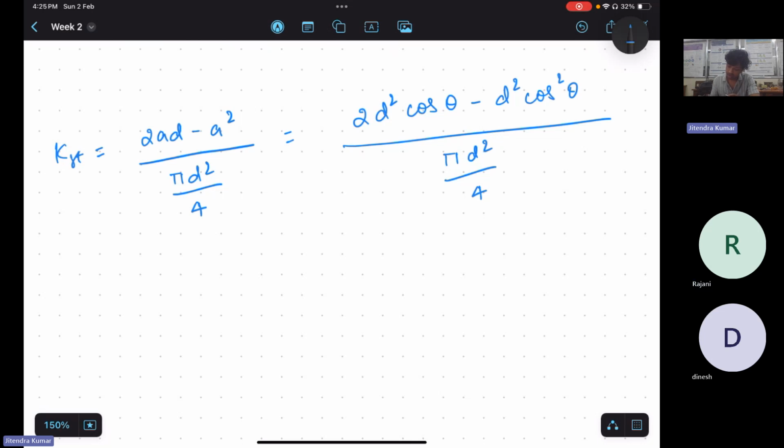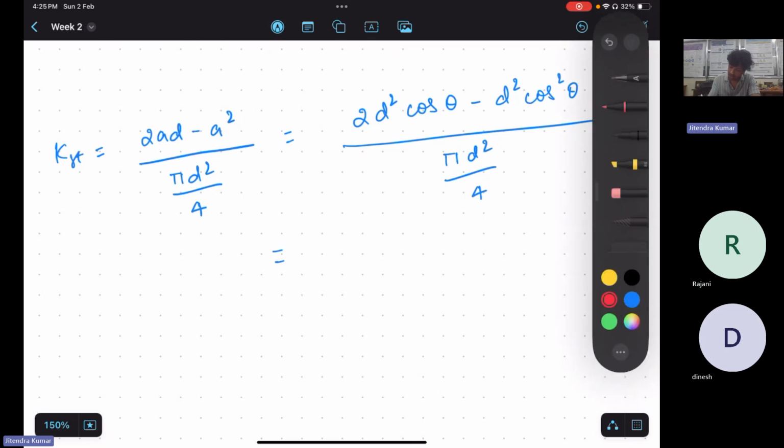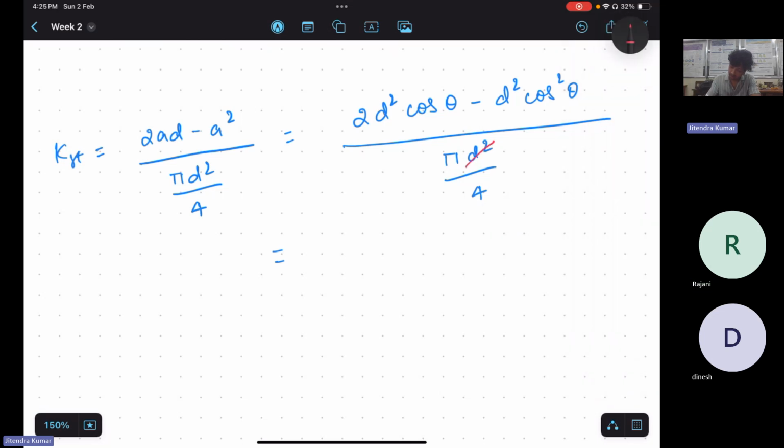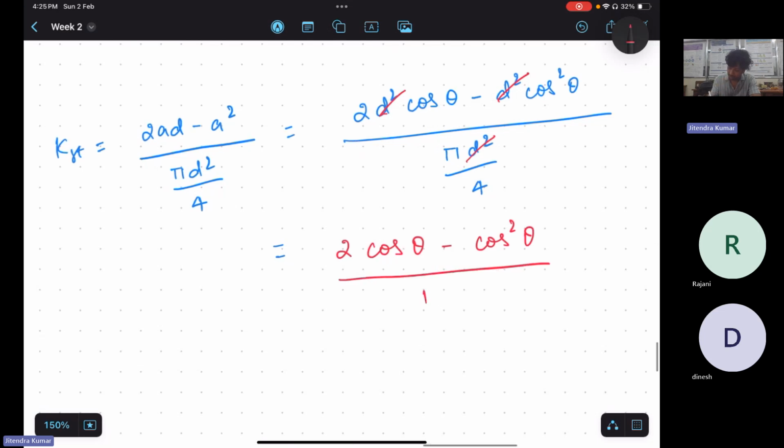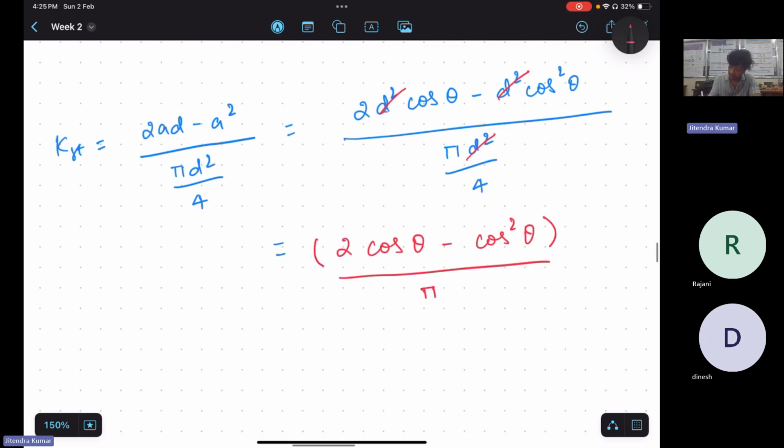Now D square and D square will get cancelled out. So 2 cos theta minus cos square theta divided by pi into 4.